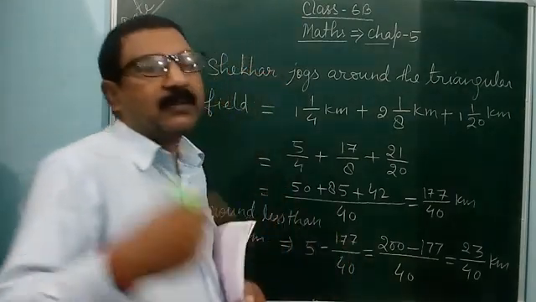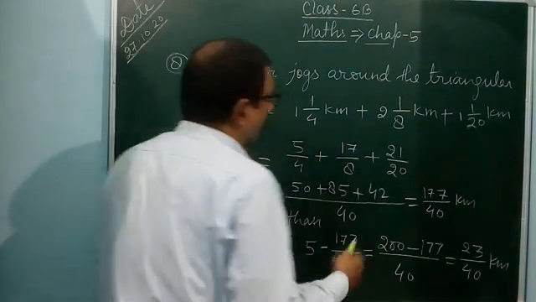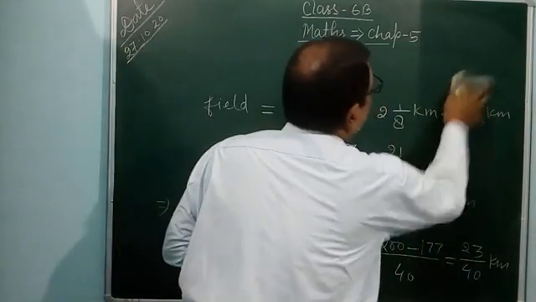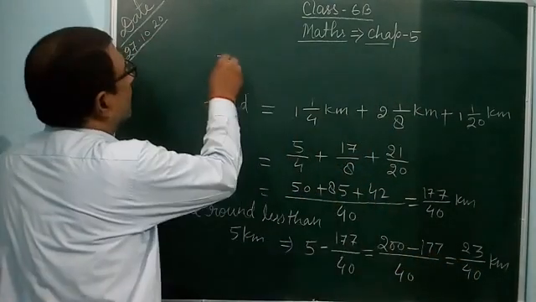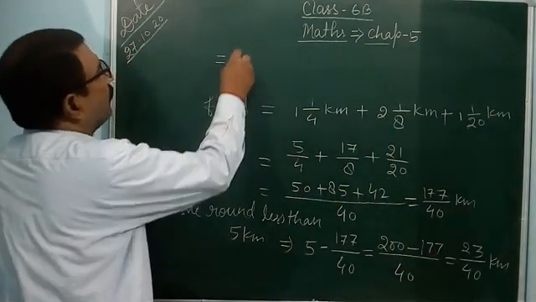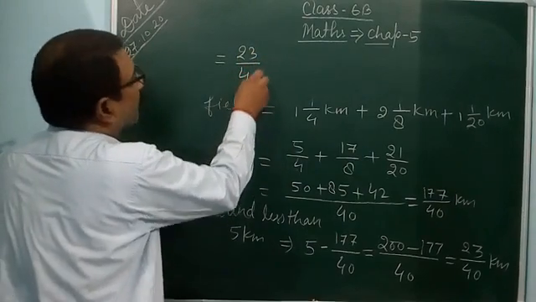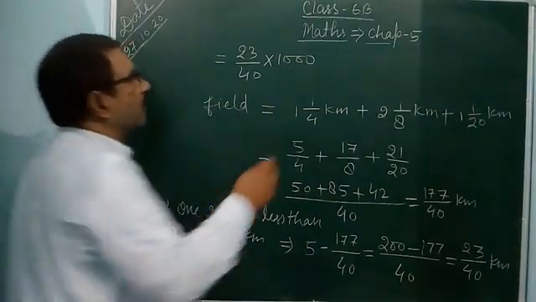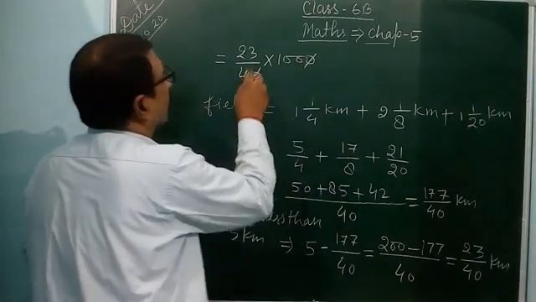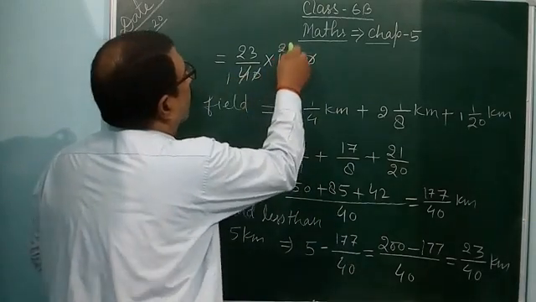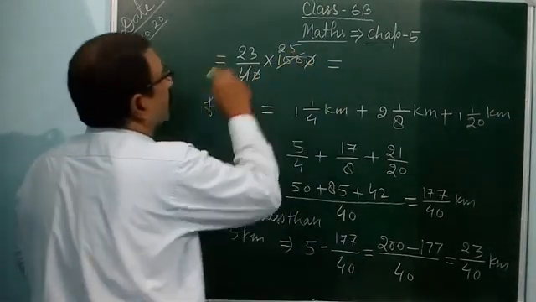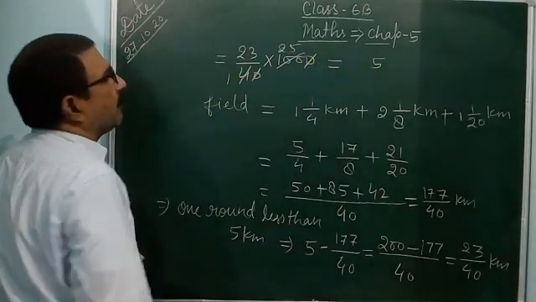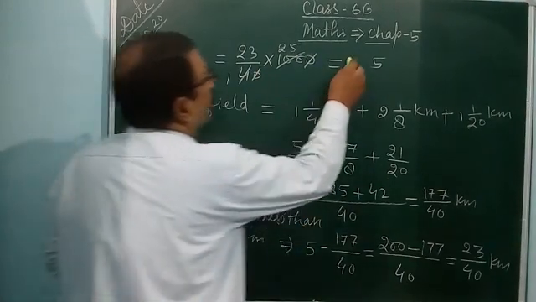You can change kilometer into meter by multiplying by 1000. How can you change this? Write 23 by 40 multiplied by 1000, because 1 kilometer is equal to 1000 meter. 0 and 0 cancel, 4 1s are 4, 4 25s are 100. Then 25 times 3 is 75, 5 here and 7 carry, 25 times 2 is 50, 50 and 7 is 57.